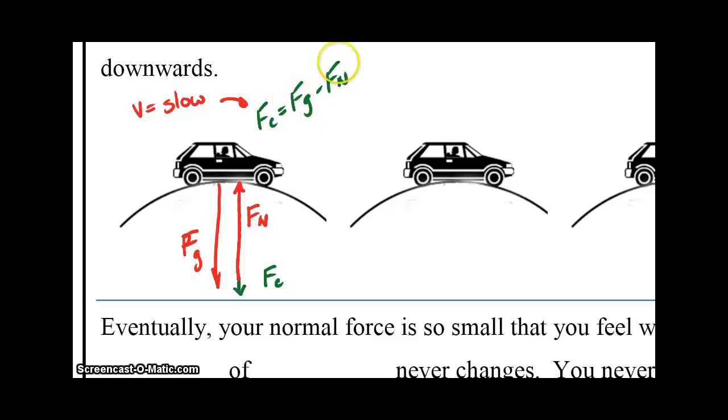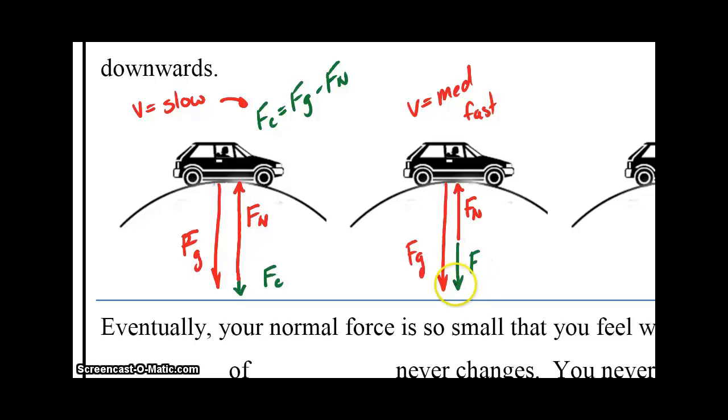Now let's suppose this car is going medium fast. The force of gravity, or its weight, is the same. Now the normal force is a lot less, and the centripetal force gets larger.